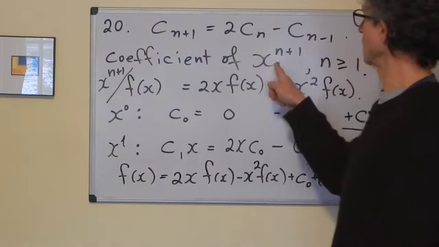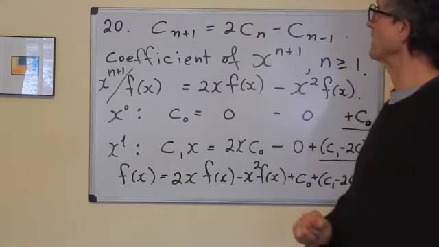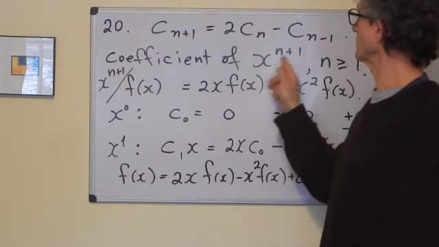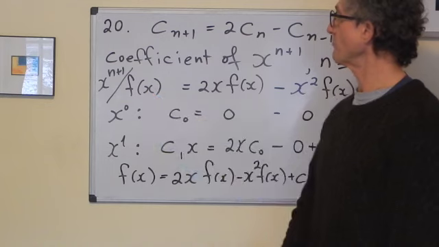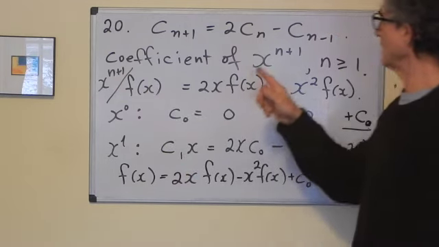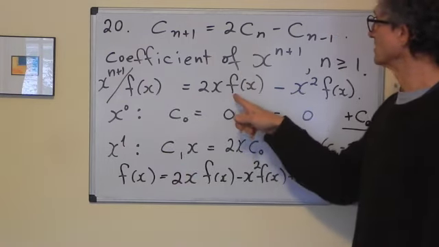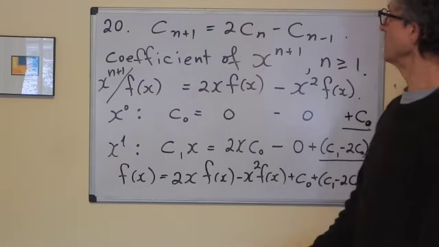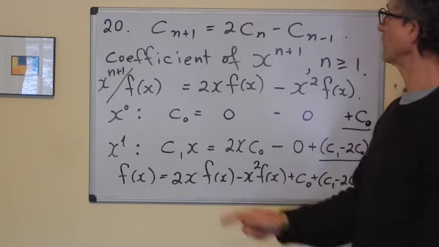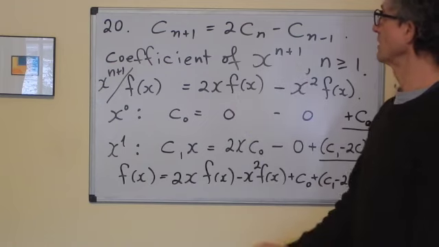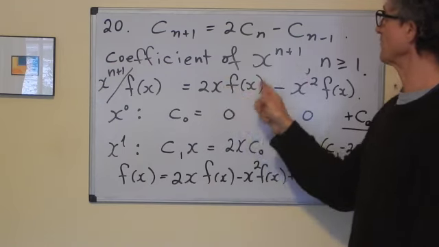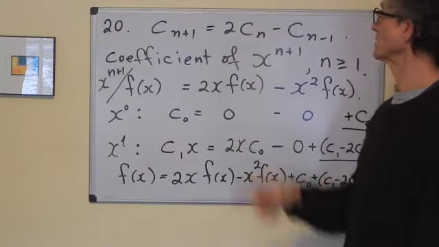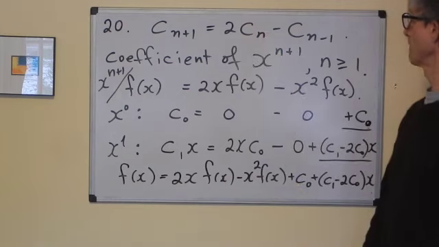So let's look at the coefficient of x^(n+1) in the function. C(n+1) is, of course, the coefficient of x^(n+1) in the function itself. And then if I take x times the function, then Cn will be the coefficient of x^(n+1) in x times the function. And so in 2x f(x), the coefficient of x^(n+1) will be 2Cn.